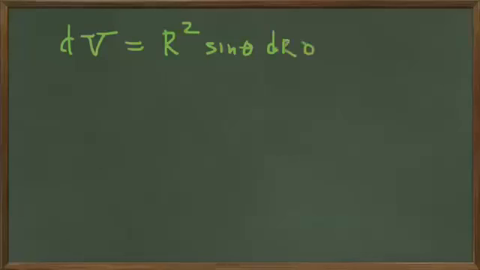The unit of volume, so we use a triple integral to calculate volume. The unit of volume comparable to the unit of area in polar coordinates is a little bit harder to see. It's r squared sine theta dr d theta d phi.